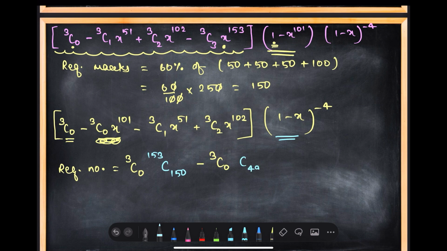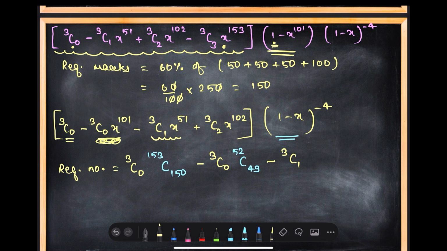Okay, so the upper subscript will be what? 48 and 4, 52. Correct? Now suppose that he wants to fight. So minus 3C1. So he is having 51. Okay, so he will fight with the person who will have x to the power 99. Correct or wrong? Correct?